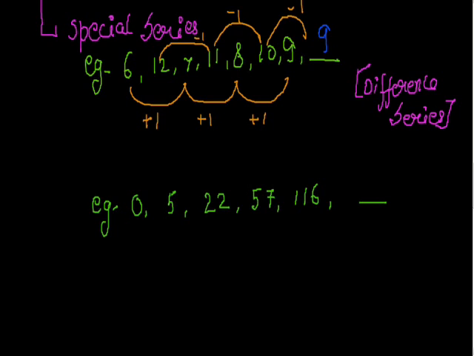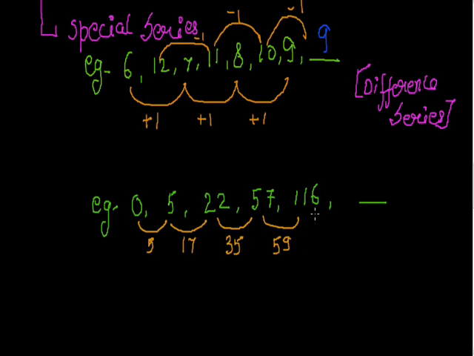In this series, if we observe, from 0 to 5 there is a difference of 5. Then from 5 to 22, there is a difference of 17. Again from 22 to 57, there is a difference of 35. From 57 to 116, the difference is 59.